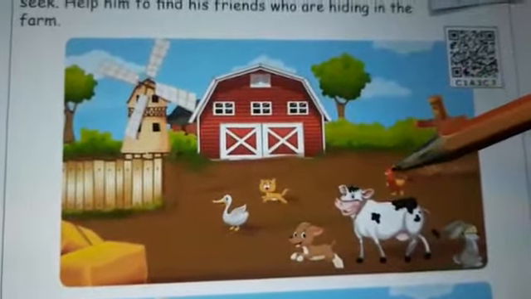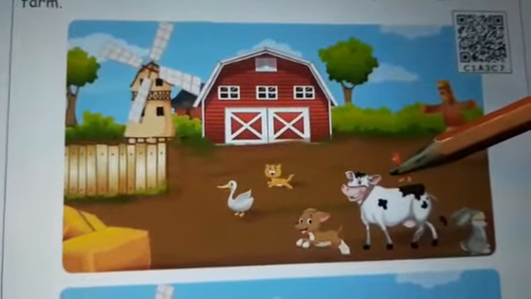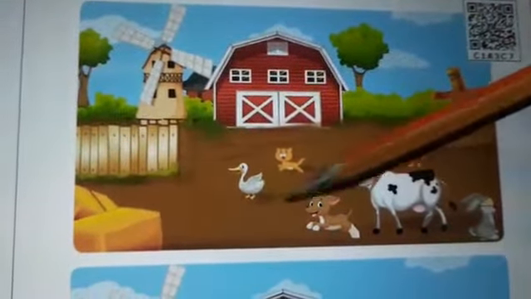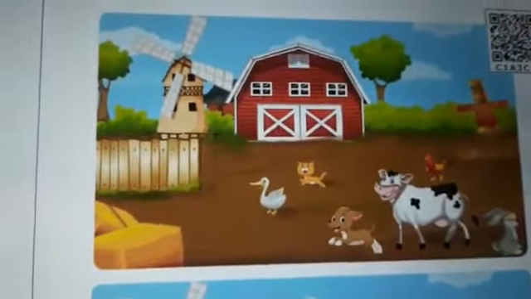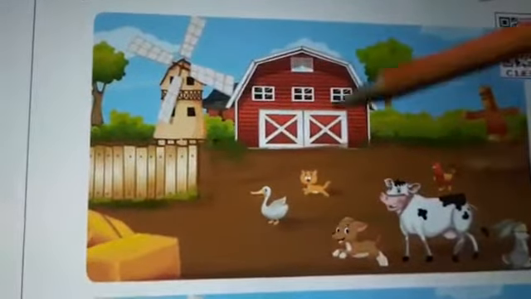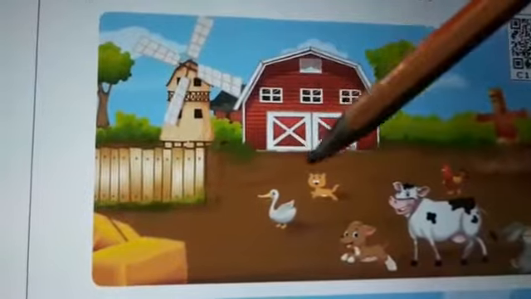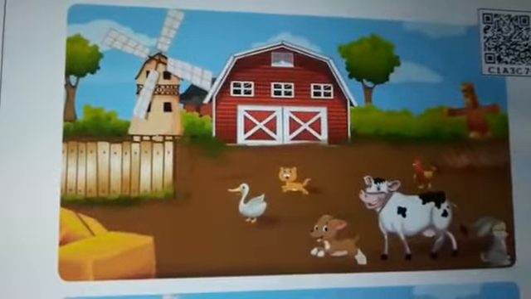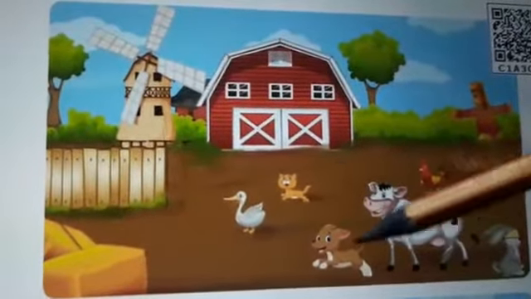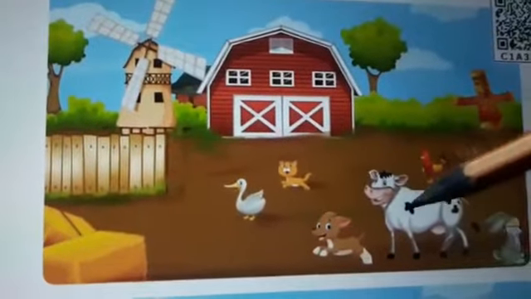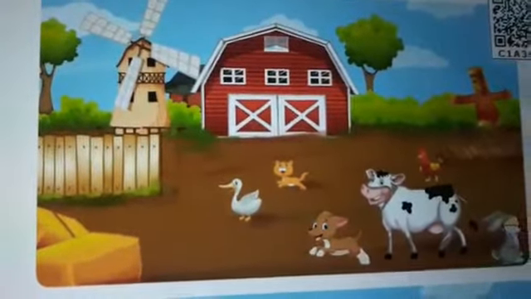It is a wet floor because it is raining there. Okay, it is a rainy season and the floor is wet. So their feet are spread in the mud. It has separate patterns for each and every animal.